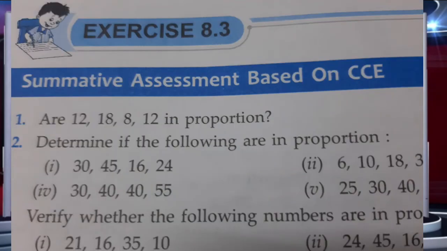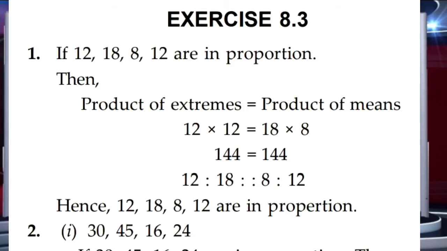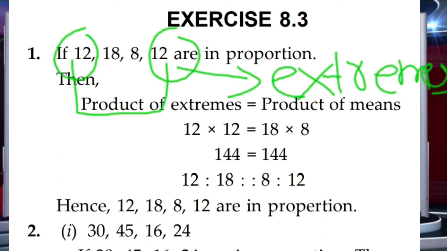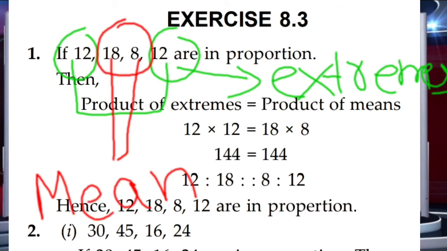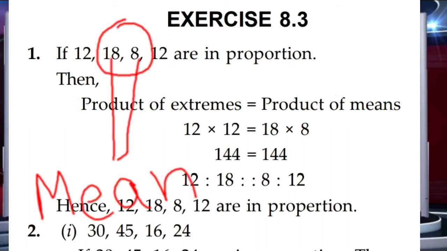Now we will start exercise 8.3. Question number 1. Are 12, 18, 8 and 12 in proportion? The numbers 12, 18, 8 and 12 are in proportion if the product of extremes is equal to the product of means. These 12 and 12 are the extreme terms, and 18 and 8 are the middle terms.